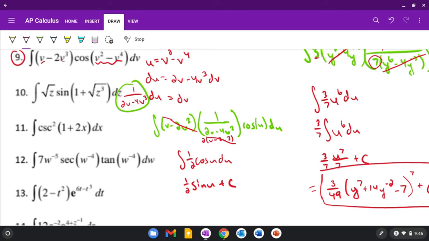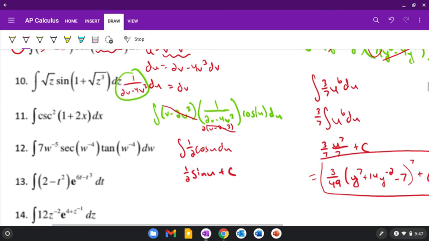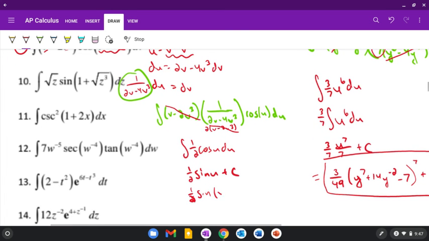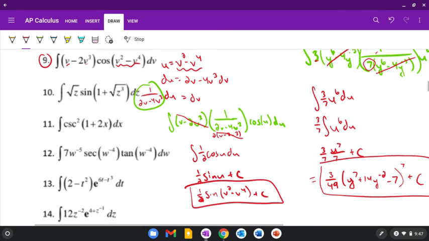And then replace the u with what u was. That was v squared minus v to the 4th. So it's 1/2 sine of v to the 2nd minus v to the 4th plus c. And if we were to take the derivative of that, we would end up with the original problem.